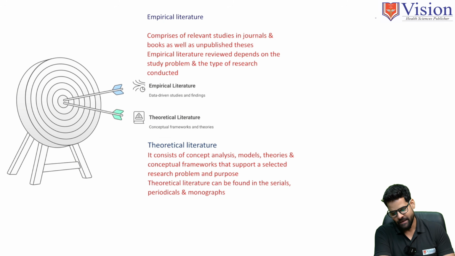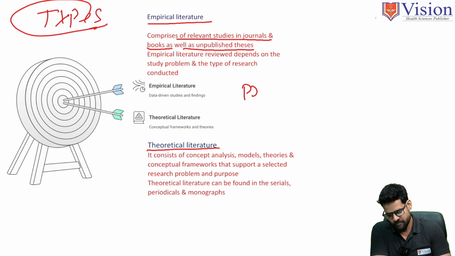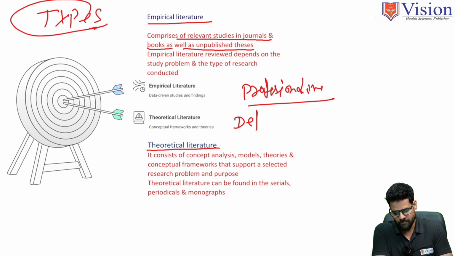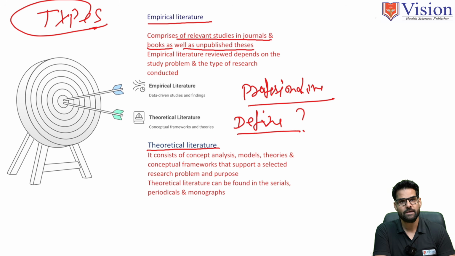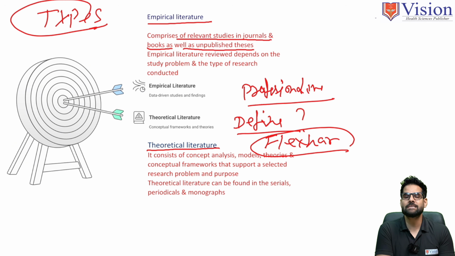I'll give an example. I have done a study on professionalism, and for that I have to define this term. So how do I define it? I have taken the criteria given by Flexner. Flexner has given us six criteria to define professionalism. So that becomes my theoretical literature. I have not conducted any research for this; I have taken other theories.